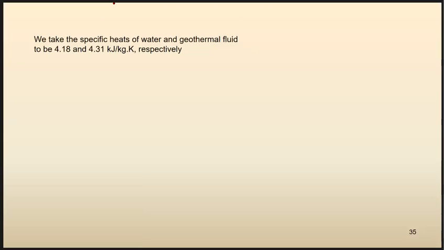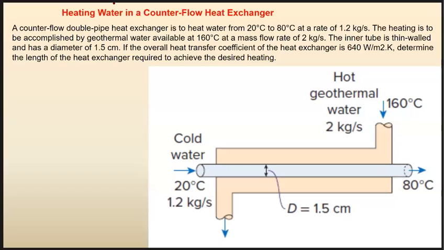So we take the specific heat of water and geothermal fluid to be 4.18 and 4.31 kilojoule per kilogram Kelvin respectively. Okay, so you need to read the thermophysical properties of the fluids.